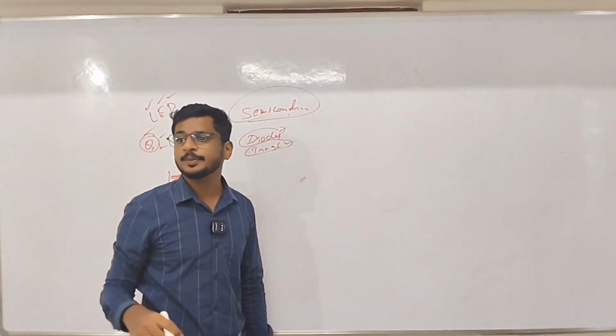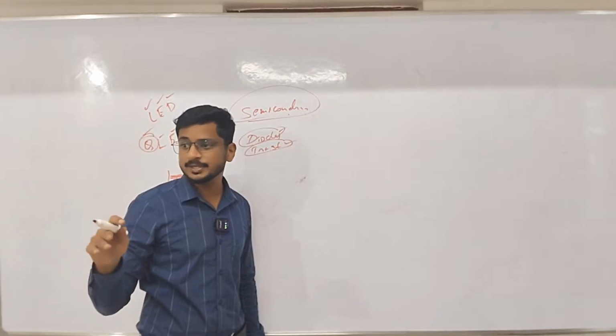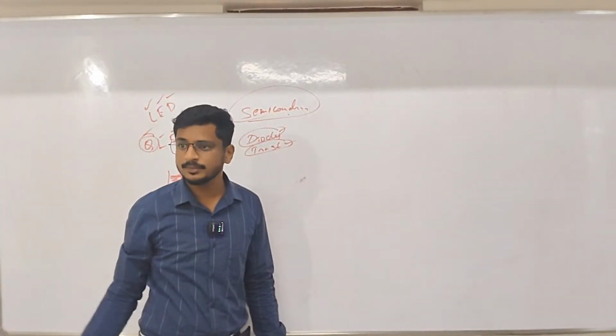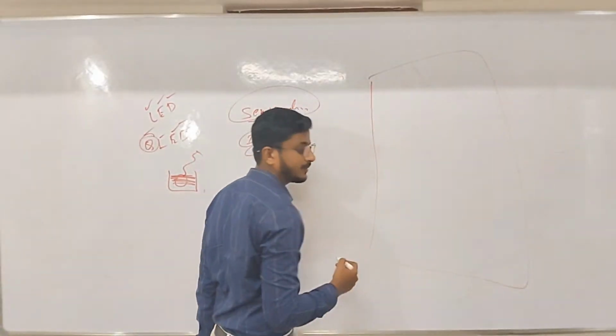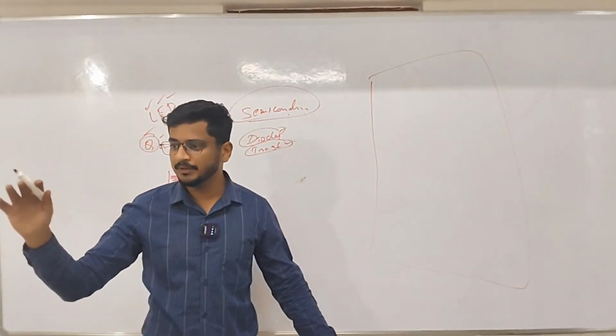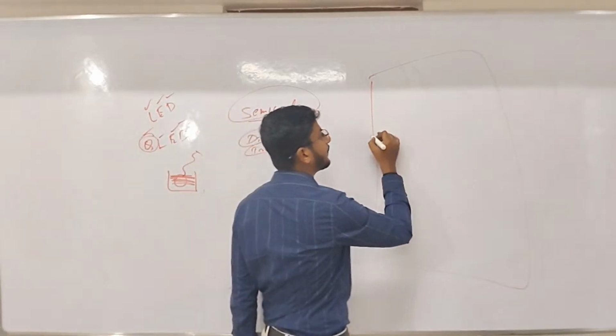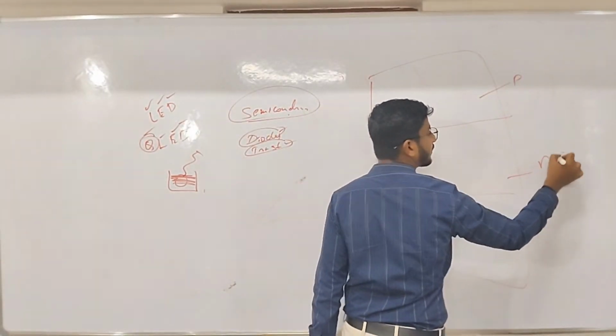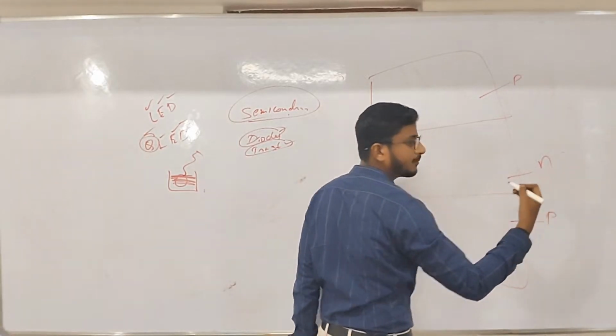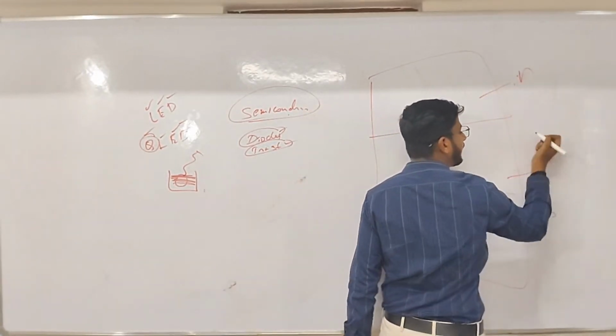So these transistors and diodes are used more in semiconductors. In olden days, computers were kept in big rooms. This was the size of transistors initially, very big ones, where here P-type semiconductor may be doped, here N-type semiconductor may be doped, here P-type again, or vice versa, N, P, N, like this.